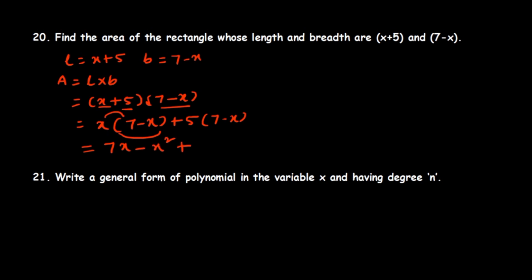Plus 5 7s are 35 minus 5x. So after simplifying this, we get minus x square. Okay, and 7x minus 5x, that means plus 2x. Okay, plus 35. So this is the area of the rectangle with the given linear polynomials.